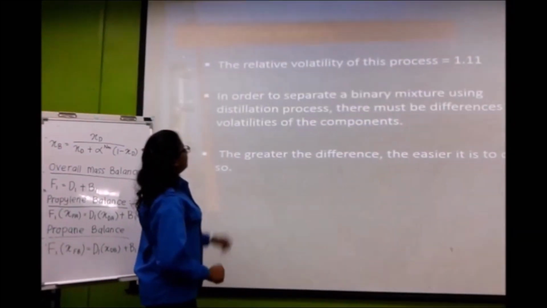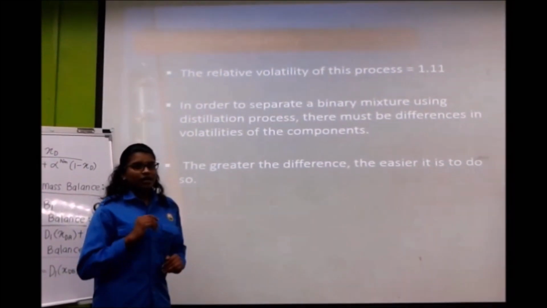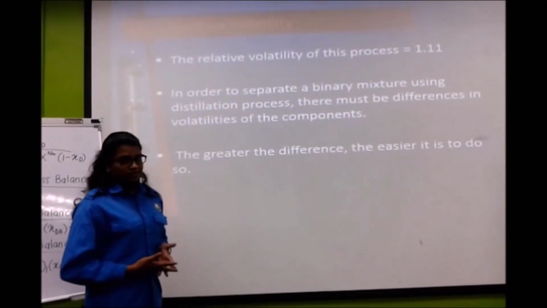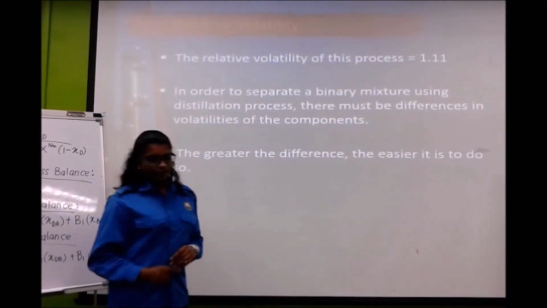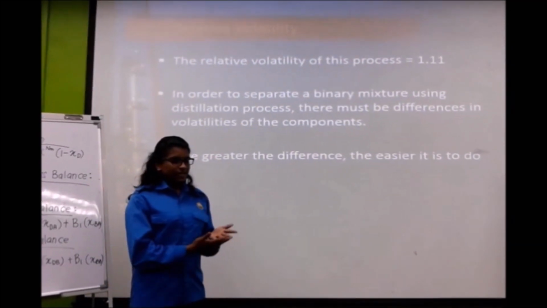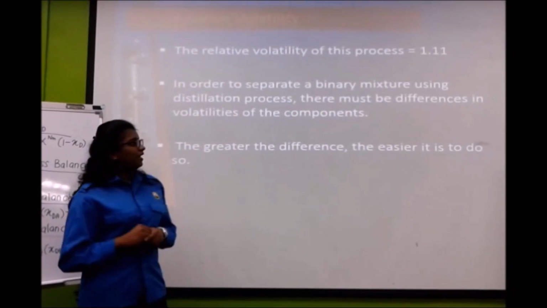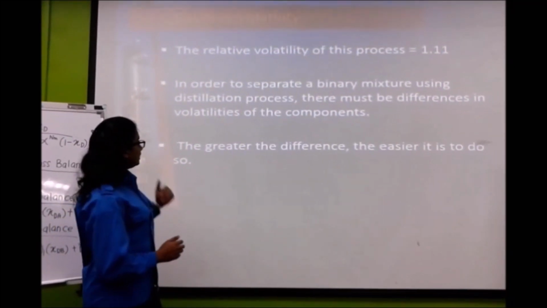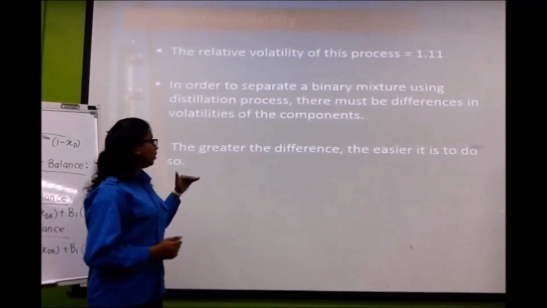The relative volatility of this process is 1.11, which is given. What is relative volatility? Relative volatility is the difference between the volatility of two components, such as in this process, propylene and propane. In order to separate a binary mixture using this distillation process, there must be a difference in volatilities of the components.